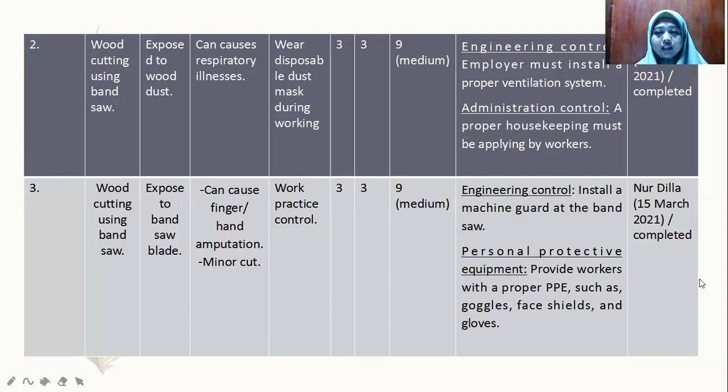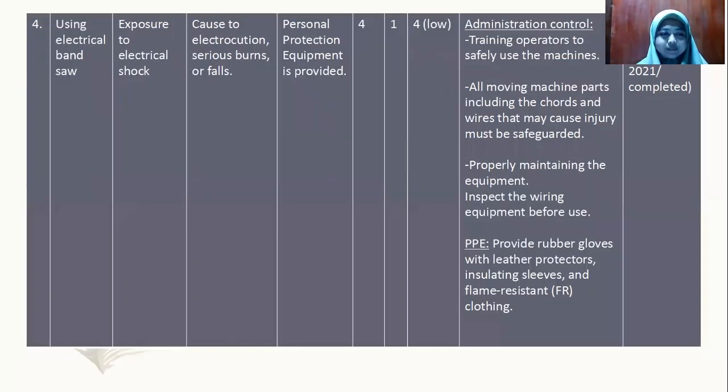The next control measure is personal protective equipment. The employer must provide workers with proper PPE, such as goggles, face shield, and gloves. That's all. Next.